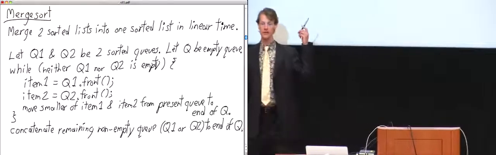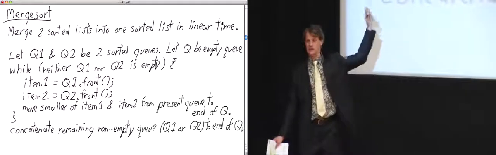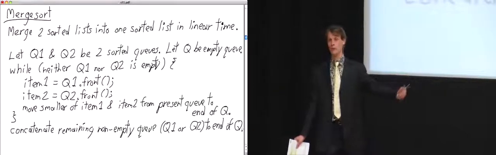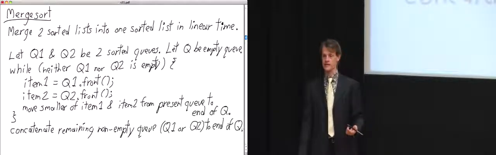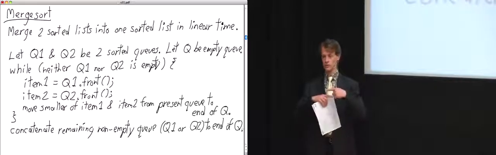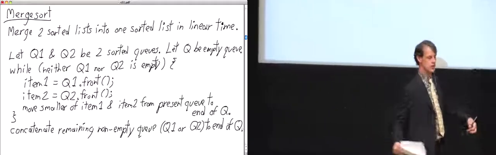So one way to look at this merging routine, by the way, is that this is a selection sort. We're finding the smallest item, and we're moving it to the end of the output list. But selection is really fast in this case because we're sorting two sorted lists rather than a big unstructured mess of numbers.